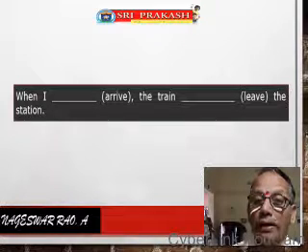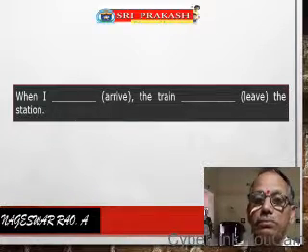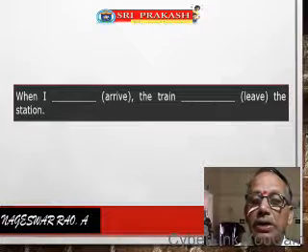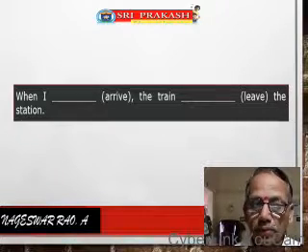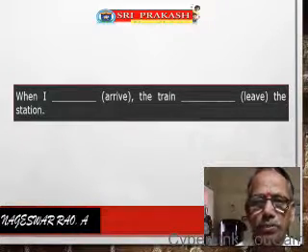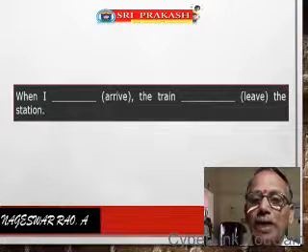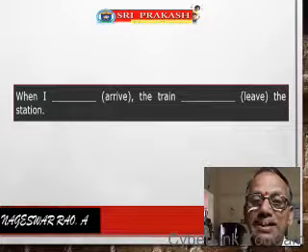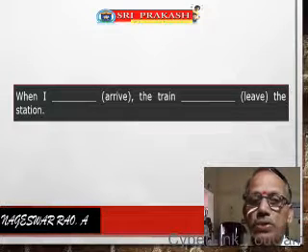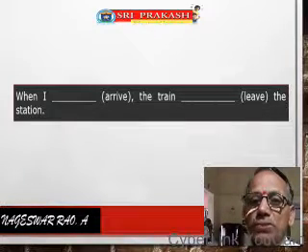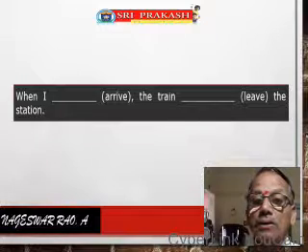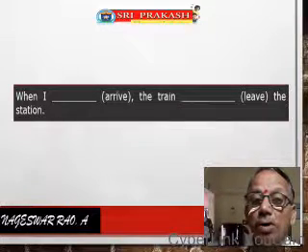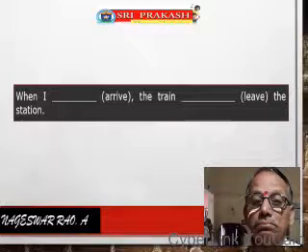Now, let us see this example. When I dash arrive, the train dash leave the station. It is very clear. Here we have two actions. One is arrive, the other is leave. So which action took place first? The action of leaving took place first.